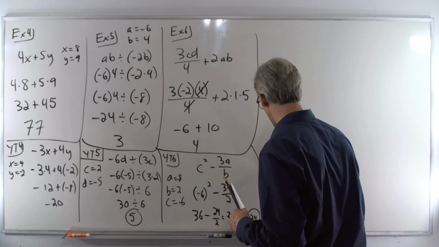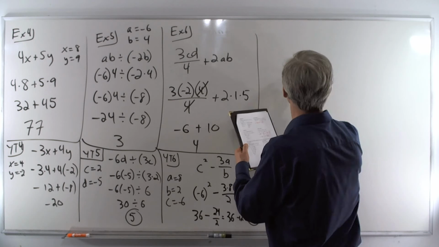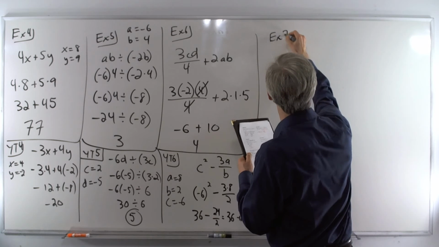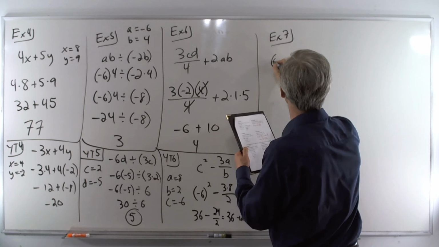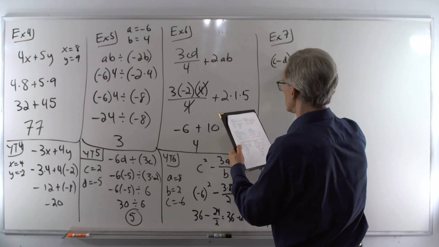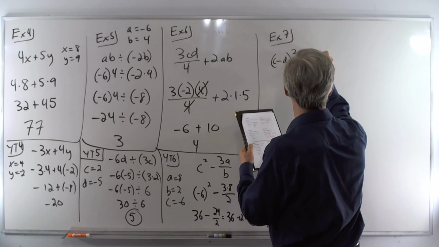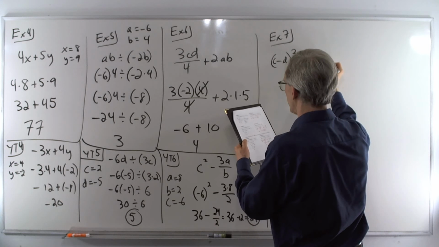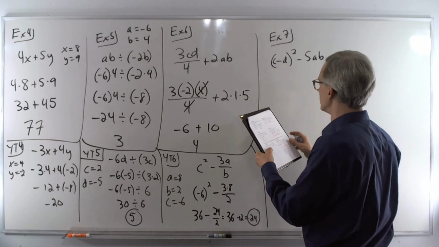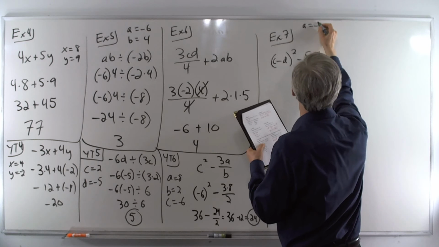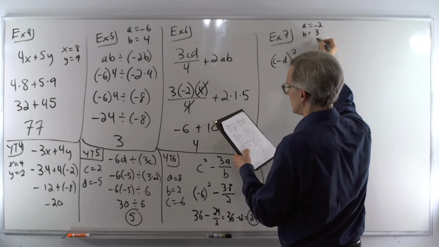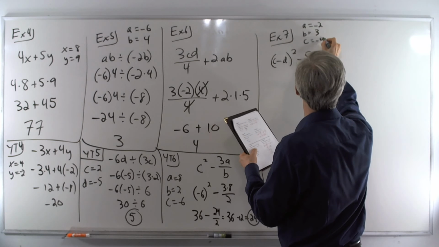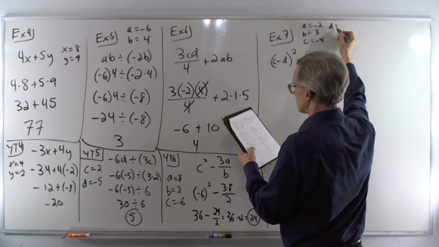So these expressions are starting to become a little more complex. Make sure you're real careful about where you're plugging stuff in and follow order of operations. C minus d squared minus 5ab, where a is negative 2, b is 3, c is negative 4, and d is 1.